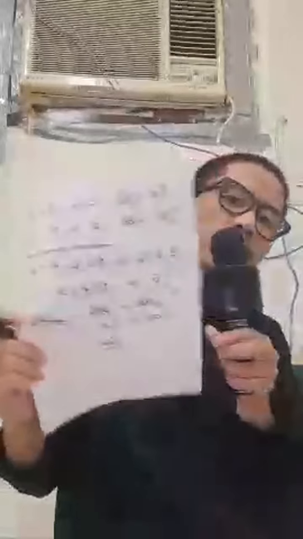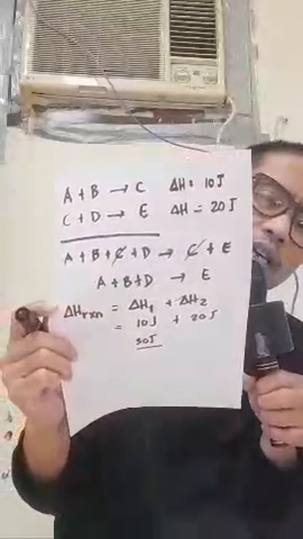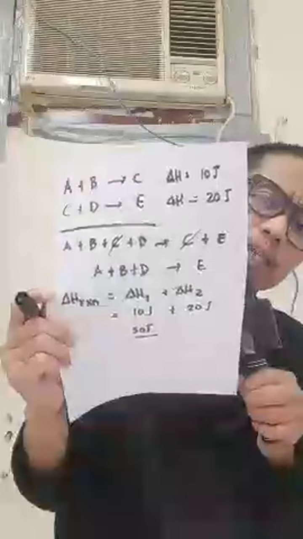Then if we reverse, for example, the second reaction step, which is C plus D is equal to E, it becomes E is equal to C plus D. And then your delta H for the second reaction step will now be negative 20. So the rule: if you reverse, change the sign.